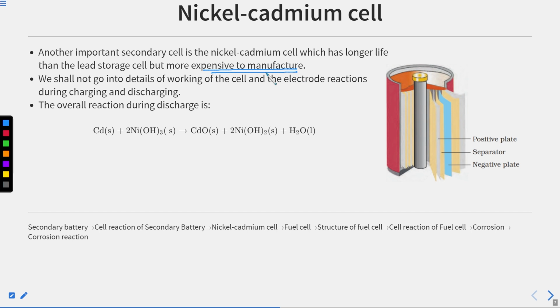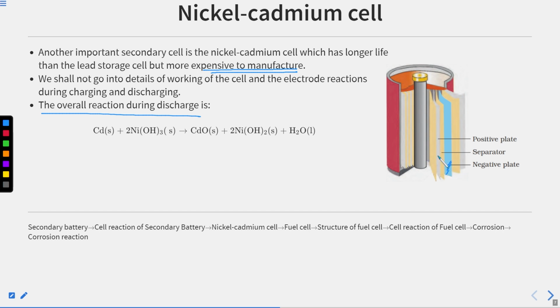So we shall not go into the workings of this cell and electrons. We will just see how the overall reaction looks like. If you see the structure here, we have our negative plate, this blue one is our negative plate.